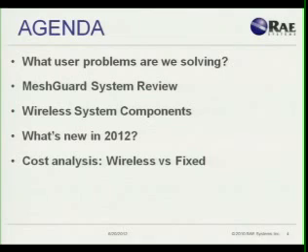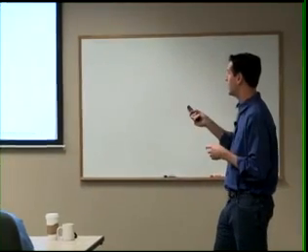We're going to talk a little bit more about the system components. I think a lot of the folks are just using really the essentials, the basics of the product line, and we've got a lot more exciting things coming up in the future. So we're going to talk about what's new in 2012, what's available today, and what's going to be available in the next couple of months. And then we're going to go into a quick cost analysis.